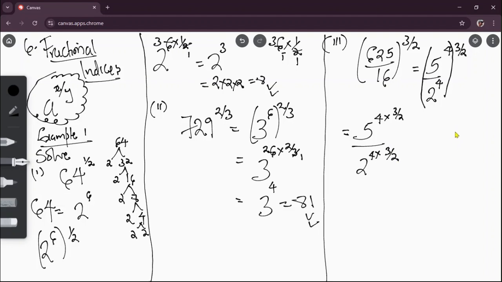Just a reminder of how we normally open the bracket. If, for example, you have 3, and inside the bracket you have x plus y, how do you open this bracket? You take this one, multiply by that, and the same number you multiply by that.